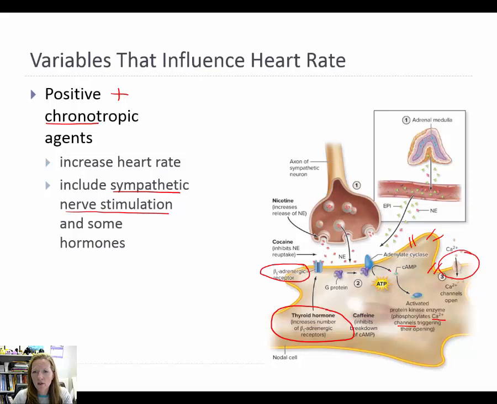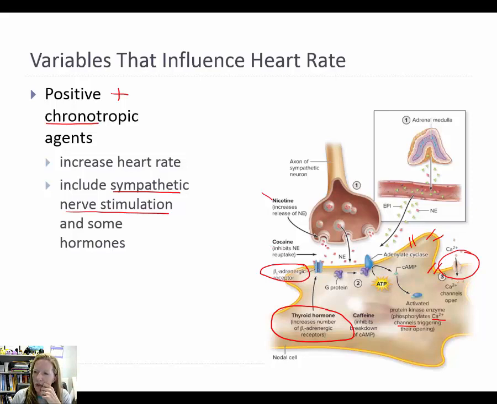Let's take a look at some other things that are going to influence it. So those are the two big ones: hormones like your thyroid hormone and sympathetic nervous system. Let's take a look at some drugs. Nicotine. Nicotine is going to increase more neurotransmitters to be released, so it can go in and stimulate more of these receptors. That's how it works.